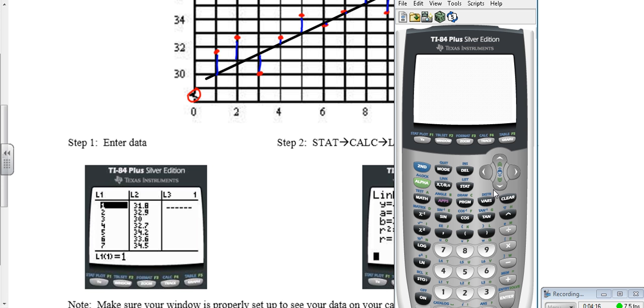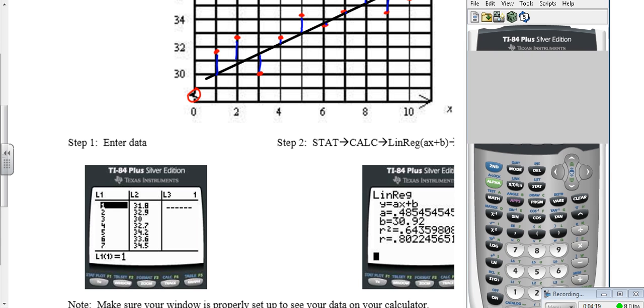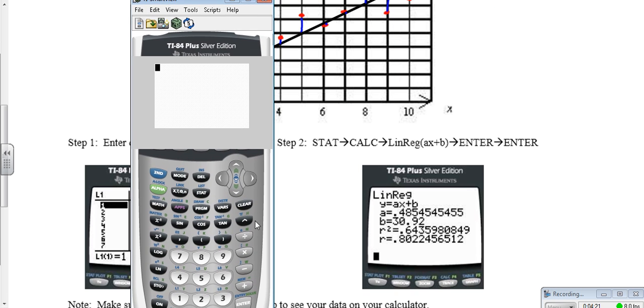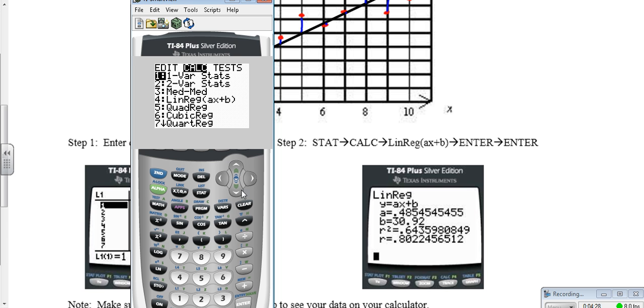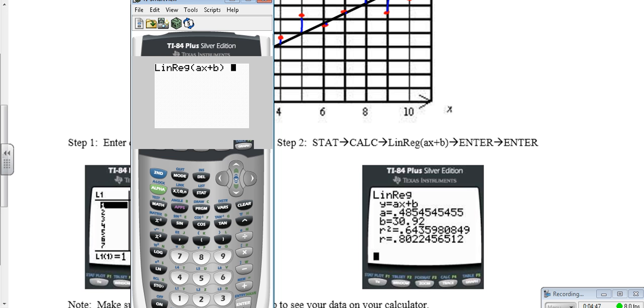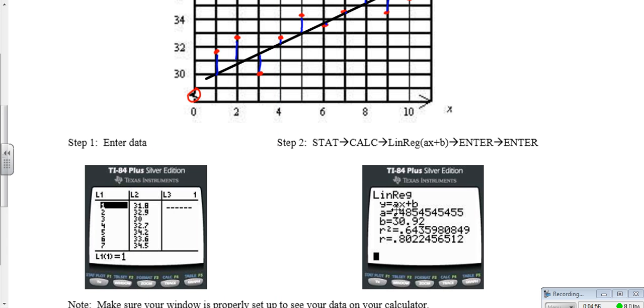I'll clear this out, and once my data is in there, I go stat, arrow over to calculate, and I have LinReg ax plus b, and there's also one further down, LinReg a plus bx. Same result, just ordered differently. I use that one and go enter, and with list 1 and 2 in there, it defaults to that, and you go enter. And that would kick out this information.